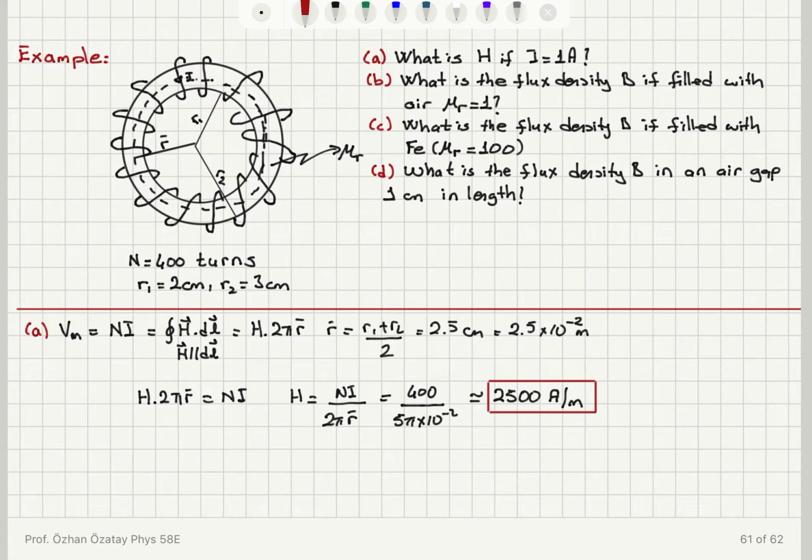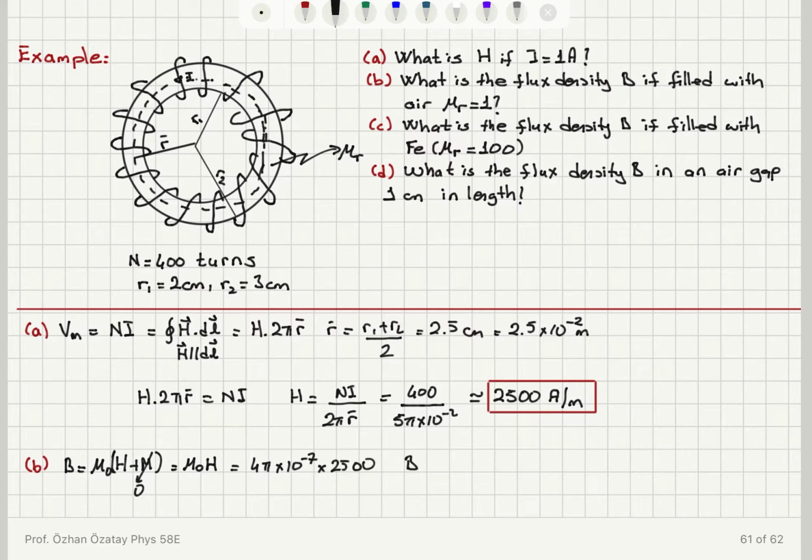Now, in part B, what is the flux density B if it's filled with air, with a relative permeability equal to 1? In SI, the relationship between B and H is B equals mu 0 H. It's actually mu 0 times (H plus M), but with air, M is equal to 0, so it's equal to mu 0 H. So we find 4 pi times 10 to the minus 7 henry per meter multiplied by 2500.